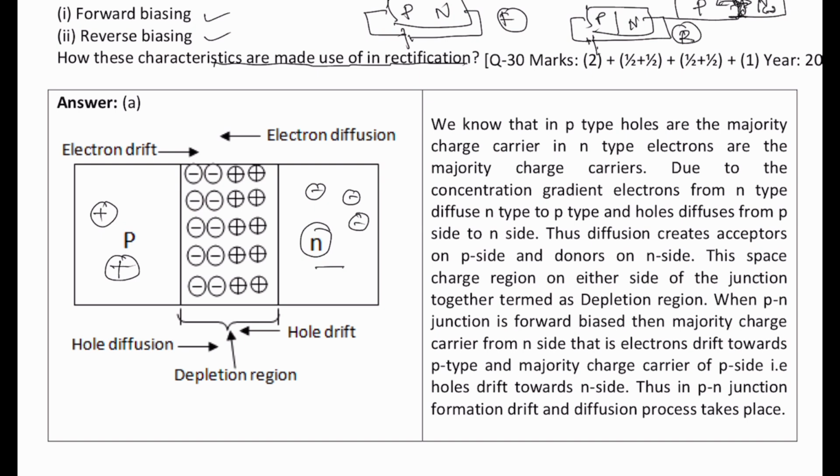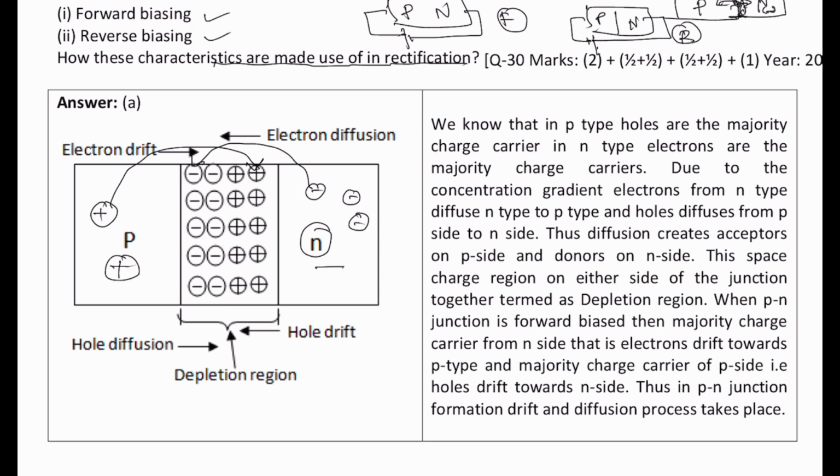So the majority charge carriers of P type migrate to this side, and the majority charge carriers of N type come to this side, correct?